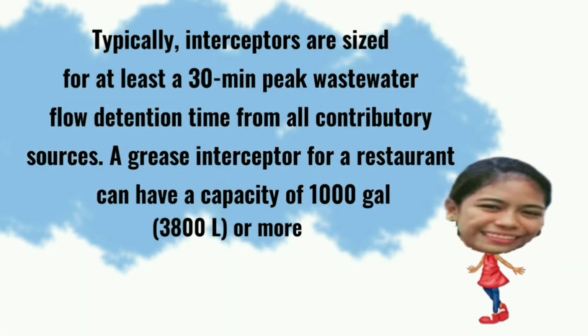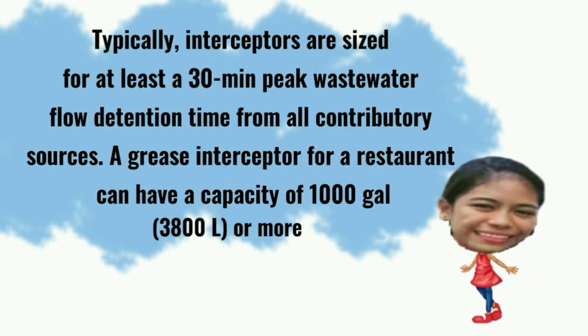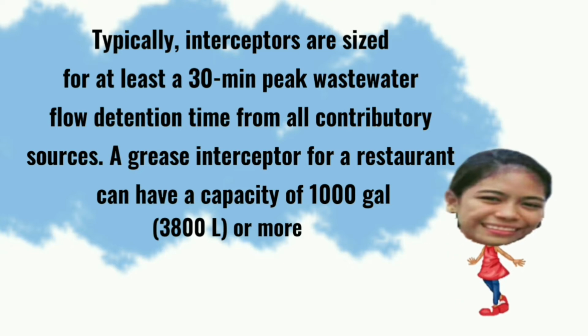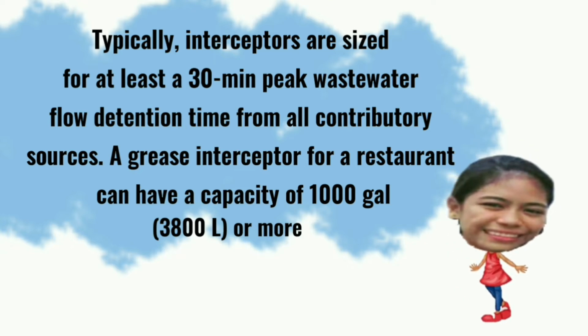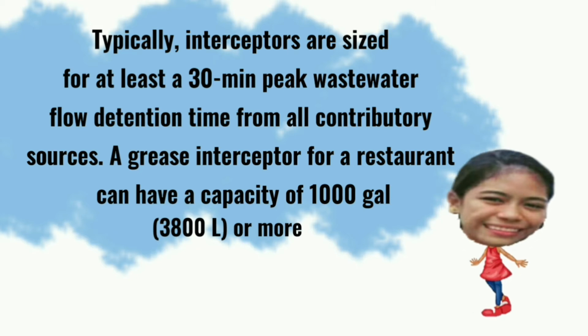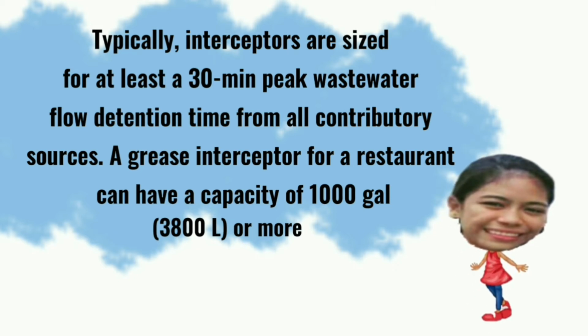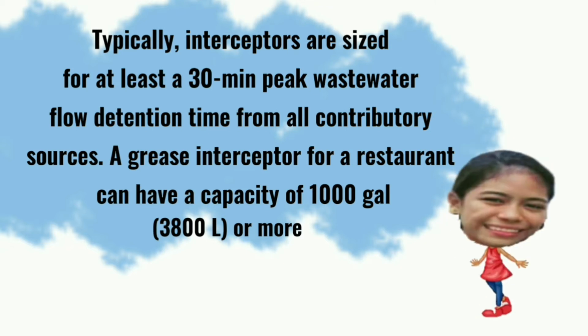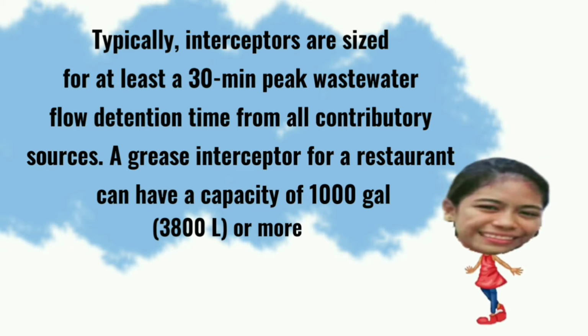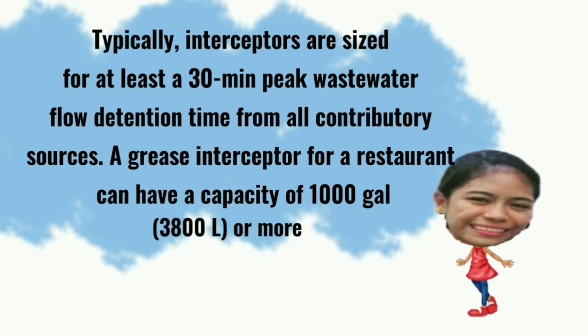Typically, interceptors are sized for at least a 30-minute peak wastewater flow detention time from all contributory sources. A grease interceptor for a restaurant can have a capacity of 1,000 gallons or 3,800 liters or more.